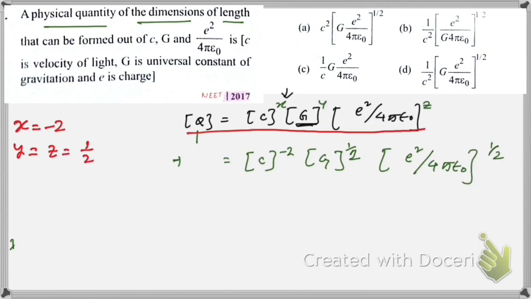So which is nothing but, sorry, not c square, 1 by c square, z to the power half. So we can write z into (e square by 4 pi epsilon naught) whole to the power half.